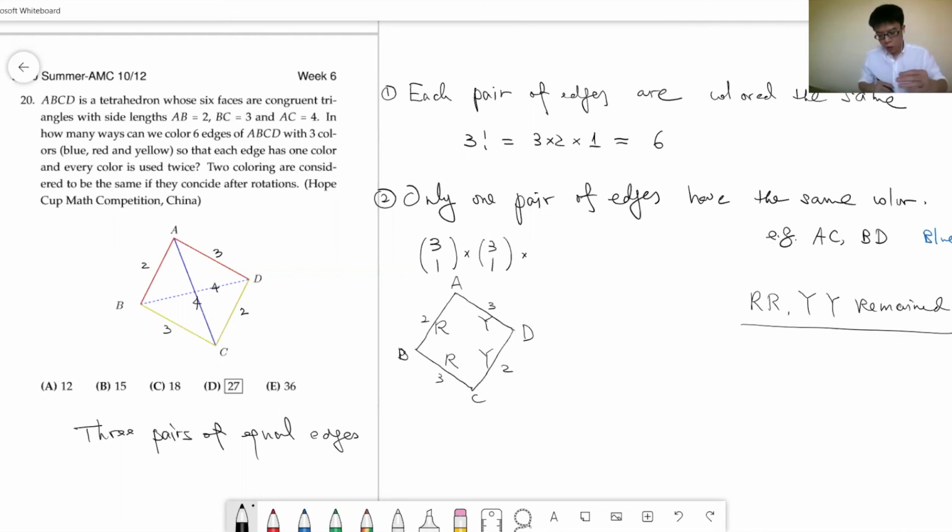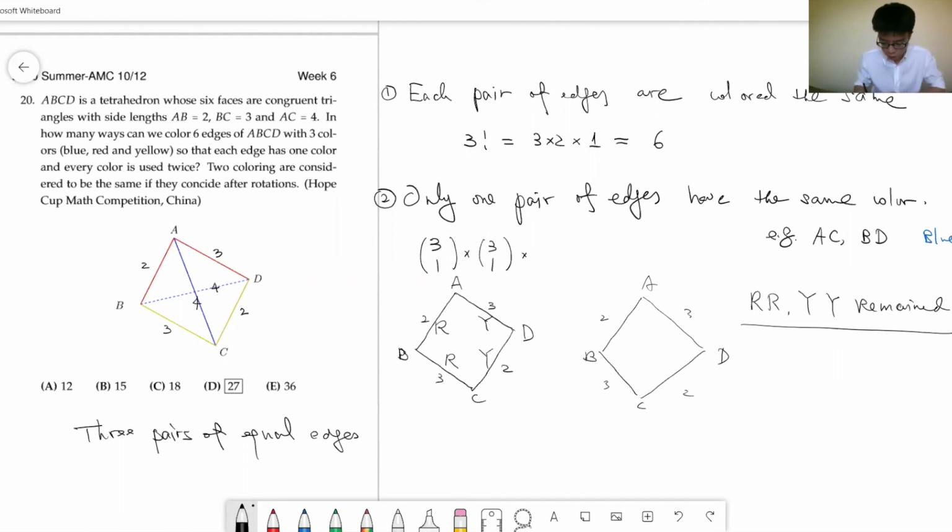If you change the order, because we are allowed to flip, to rotate, it will always be the same. Okay? So for example, if you rotate a little bit, because same color cannot be opposite, so they must be adjacent.